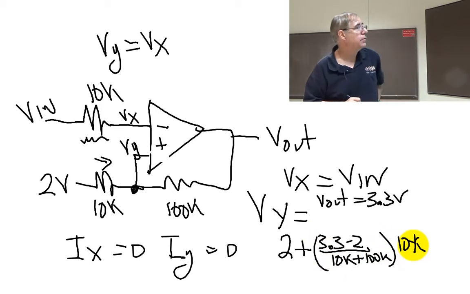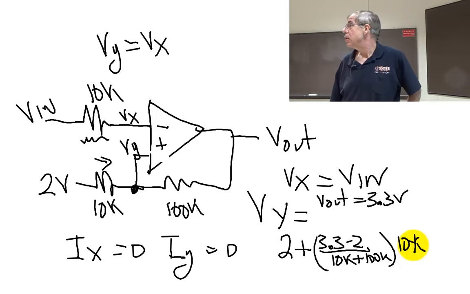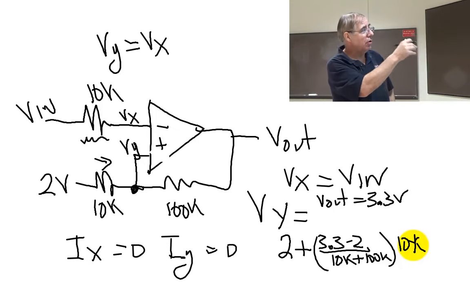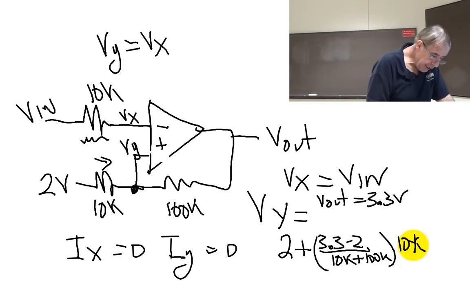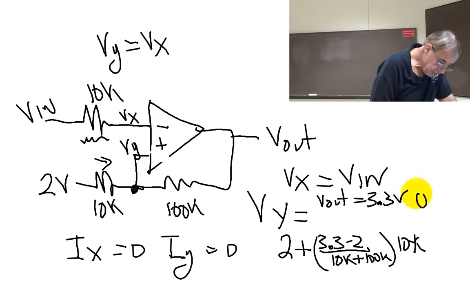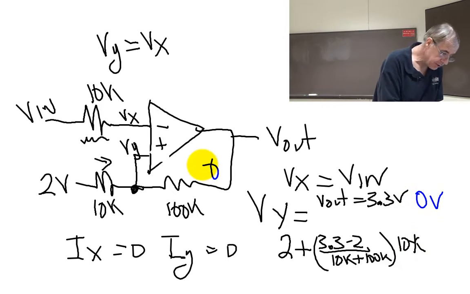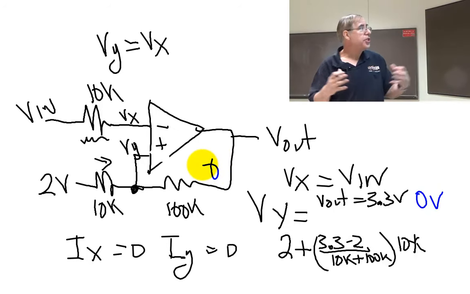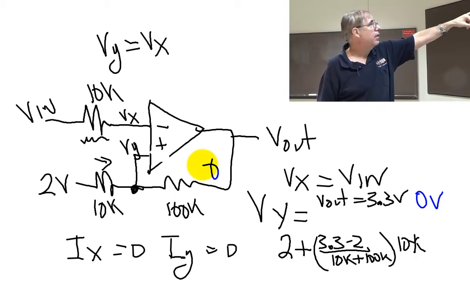See that? But the point is, what is Vy relative to 2? It's bigger, okay? And it's bigger by the ratio of the 10K to the 100K. What if the output voltage were 0 volts? What can you tell me about the Vy?